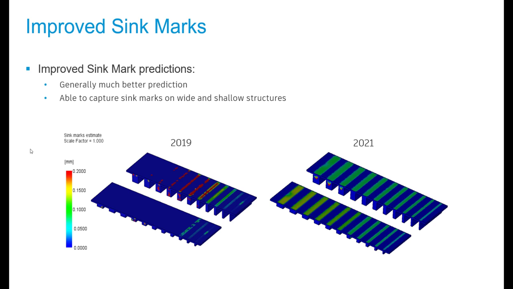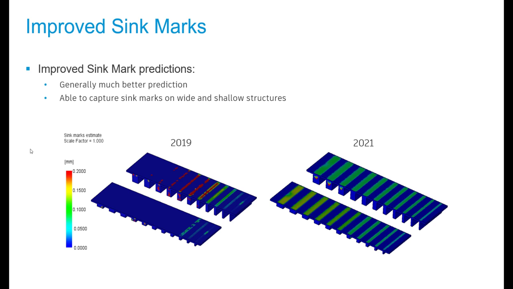In reality, you can actually have very wide areas that have thickness increases, a wide rib or a wide shallow rib, and we would not be able to predict any of the sync marks on that, even though clearly they would be prime candidates for getting sync marks.